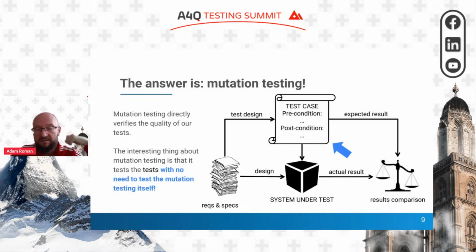The main goal of mutation testing is to verify the quality of test cases. The interesting thing about mutation testing is that it tests the tests with no need to test the mutation testing process itself, so we don't have this unfortunate infinite sequence of tests.